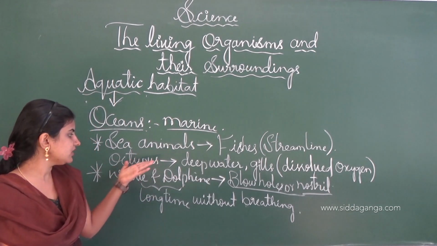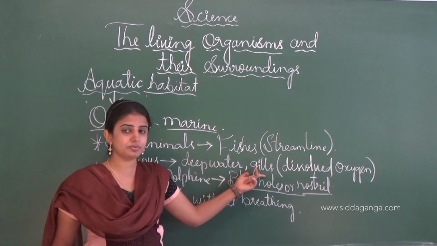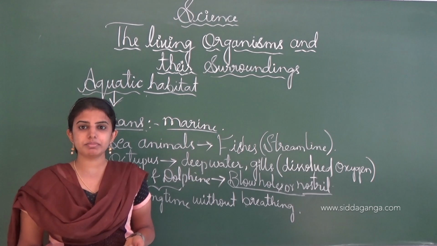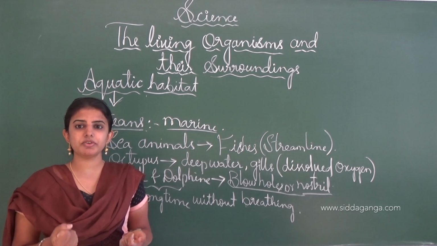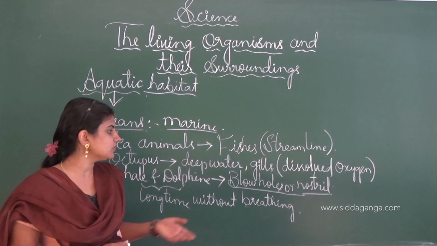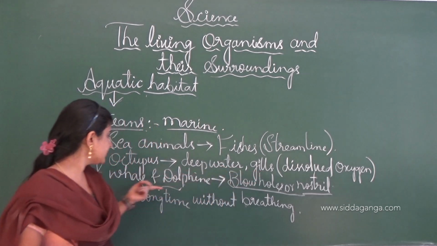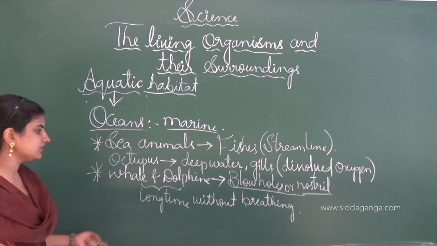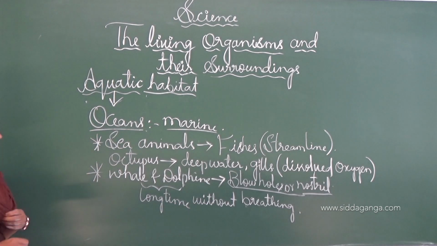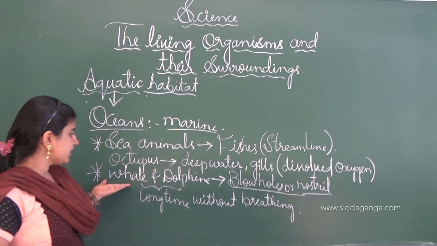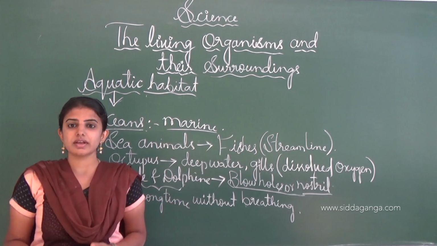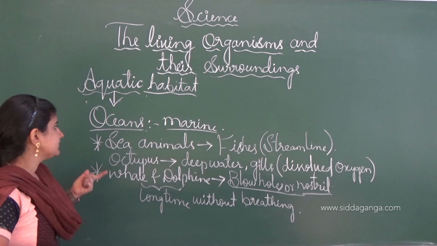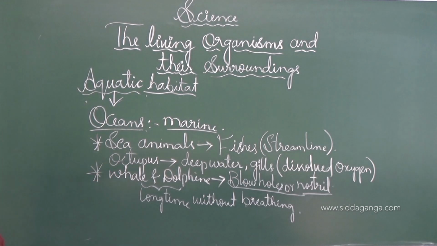And like fishes and the octopus, having gills is the respiratory organ which respires the oxygen, meaning for breathing purpose the organ system used is the gills. Whereas the whale and the dolphin have blowholes or nostrils instead of gills. And the whale as well as the dolphins stay in the water for a long time by holding the breath. And this is all about the ocean animals.